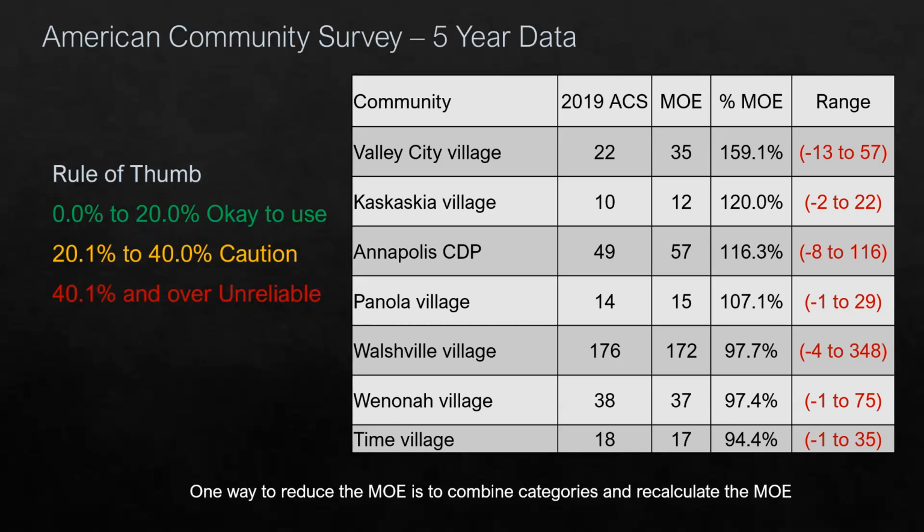Now, I'm not saying not to publish the information, but definitely include the margin of error and just acknowledge that the margin of error is really high, but this is all we can access. So as long as you're upfront and honest about it, which I've seen in a lot of reports, then it's fine. Any questions on that? Because that's probably the worst concept in the 5-year data. Once you get over this margin of error thing, it's okay.